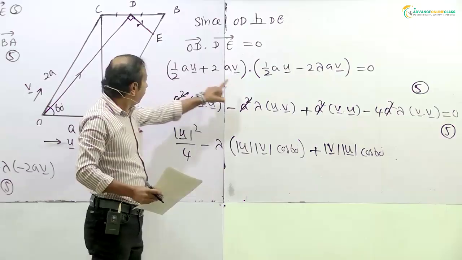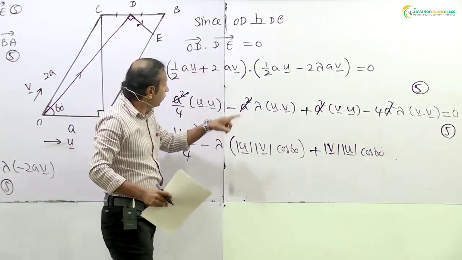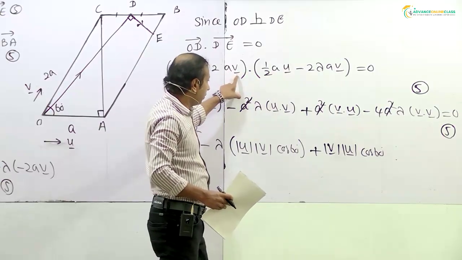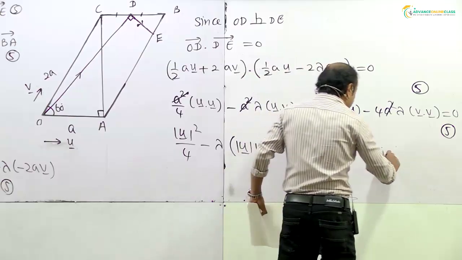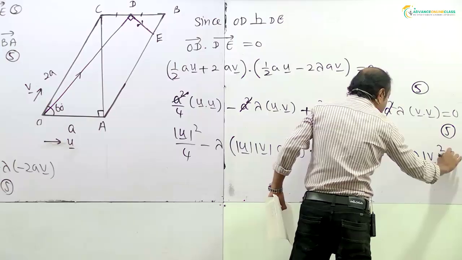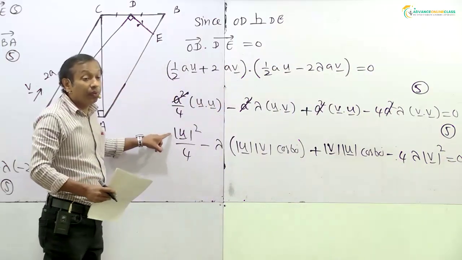This and this we took. This and that we took. This and this, like V dot V, correct. Minus 4 times lambda, V dot V means mod V squared. Right. People, notice mod U is 1.